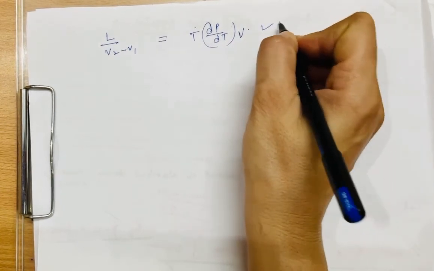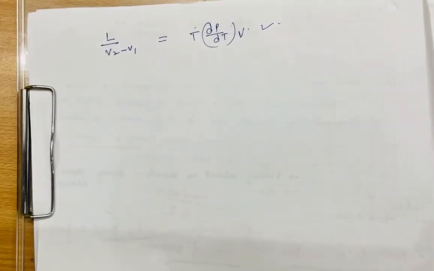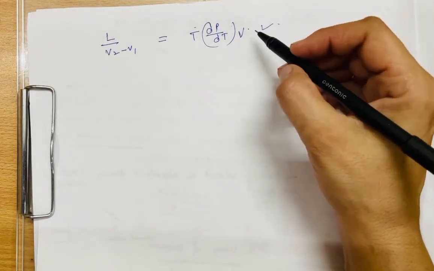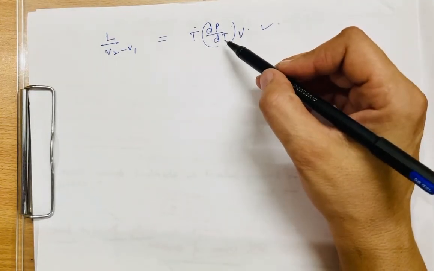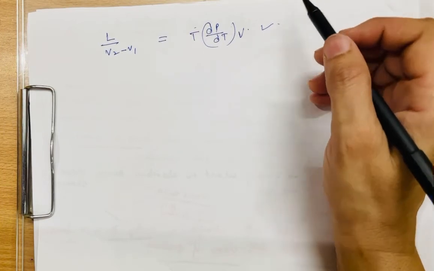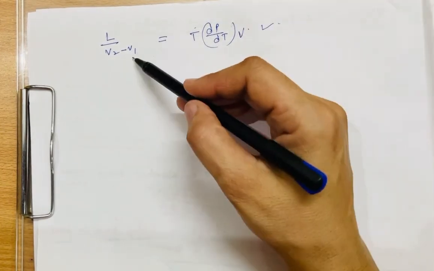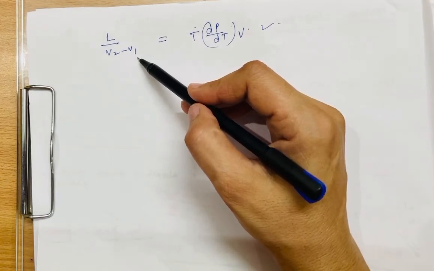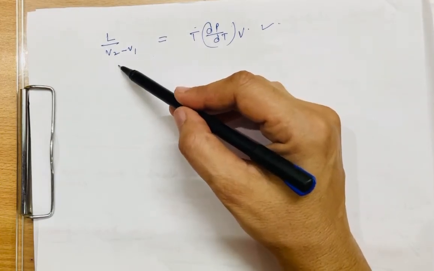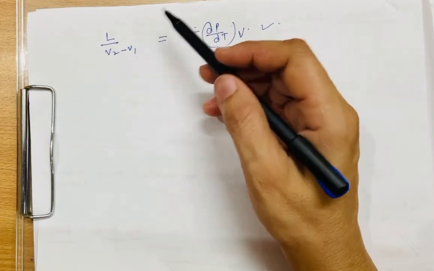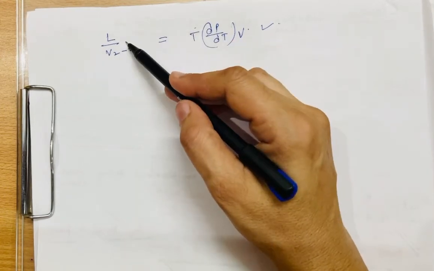This equation is for 1 gram of substance, where V2 is the final volume after phase change and V1 is the initial volume. Clear? Or you can say V2 is the volume after the substance absorbs the heat L.